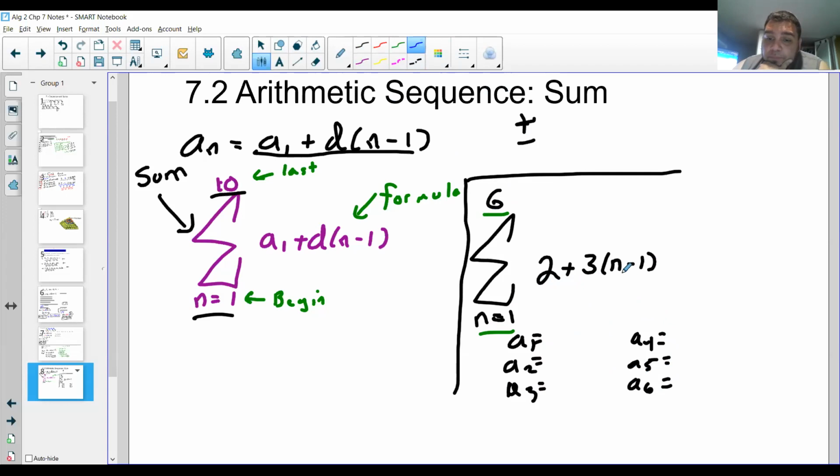Now remember, this d value is your pattern. So I could do a little shortcut after I find the first one. Or actually, I already know what my first one is. This is a_1. So a_1 has to be 2.